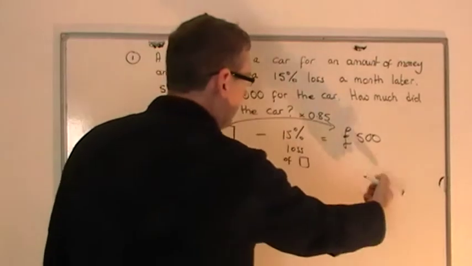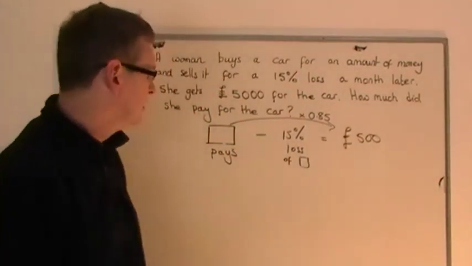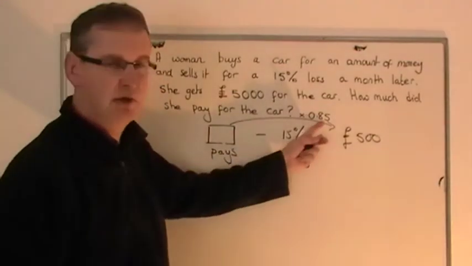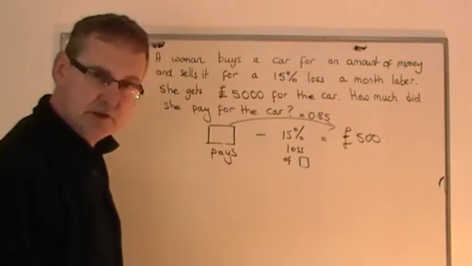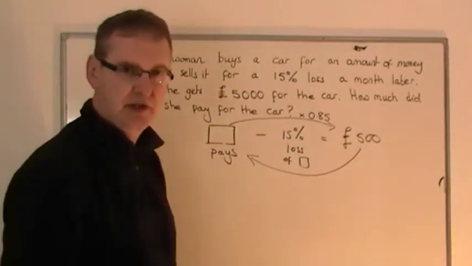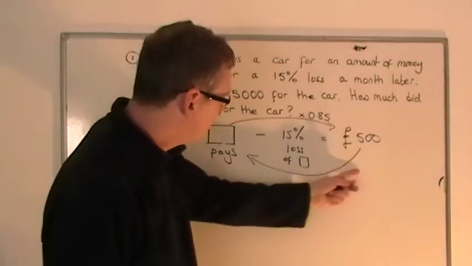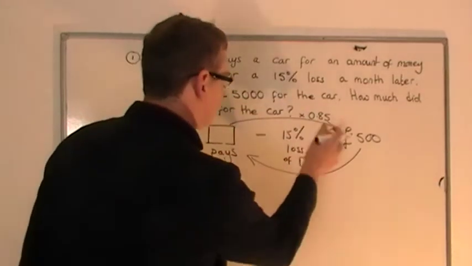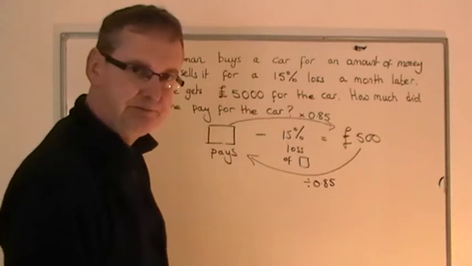So an amount of money multiplied by 0.85, that's a 15% loss, gives you £5,000. So if you want to go backwards and figure out what the amount of money was that you paid for it in the first place, you must take the £5,000 and do the reverse process, which is not times by 0.85, it's divide by 0.85.